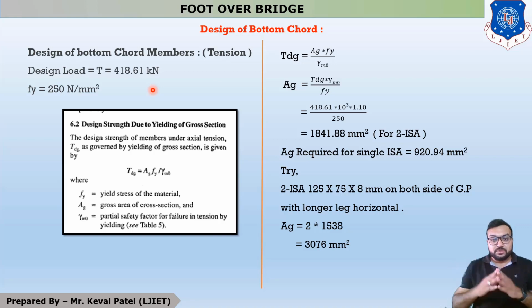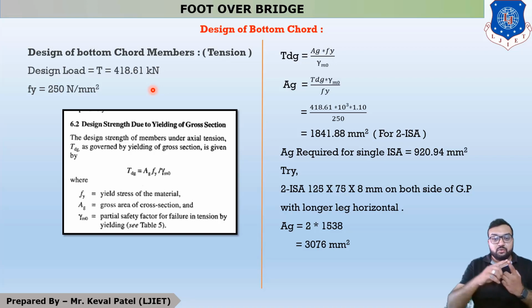There are three design checks. First one is strength governed due to yielding of cross section. Second one is strength governed due to rupture, and at last it is strength governed due to block shear.